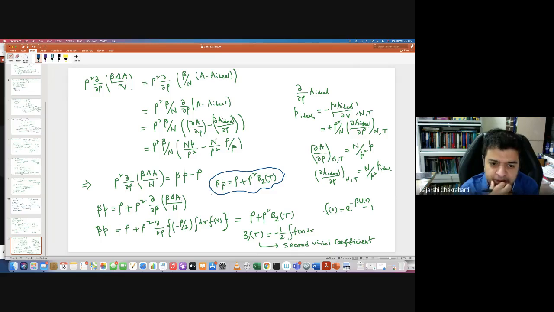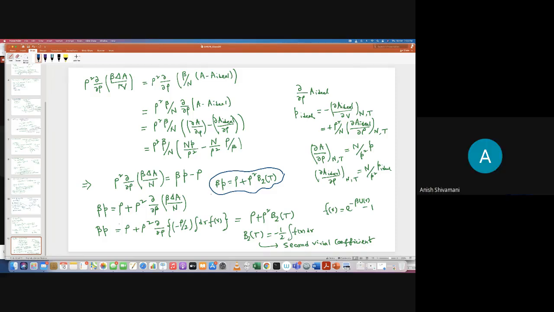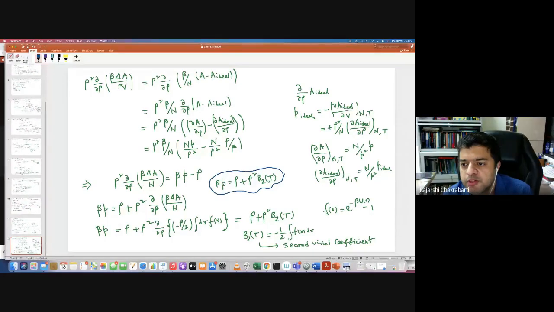So there is a lengthy algebra. Have a look. Anish, you are saying that there is some problem somewhere. Can you tell me where? On the right hand side, where you have written del A by del rho, that should be n by rho square into p, no? Because you've transposed that. On the right hand side, can you see n by rho square?